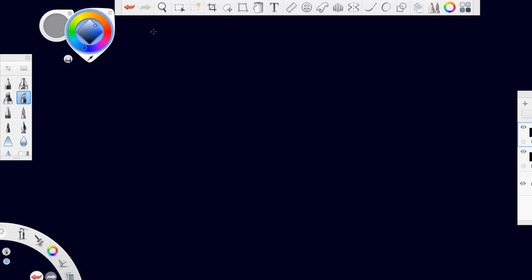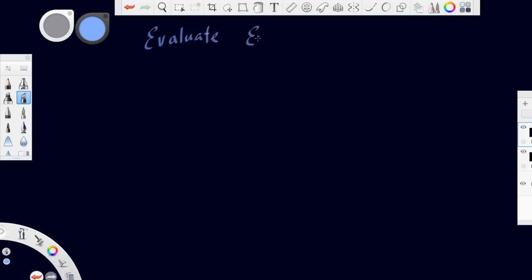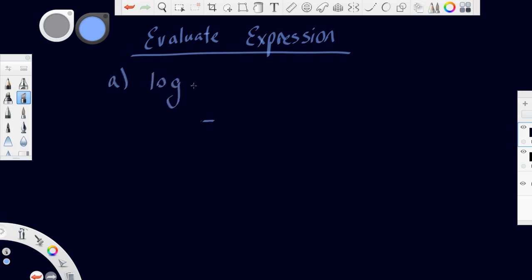Okay, so let's say that we want to evaluate some expressions. First, let's say that we want to evaluate log base 9 of 9 to the 31st power, so super big number.